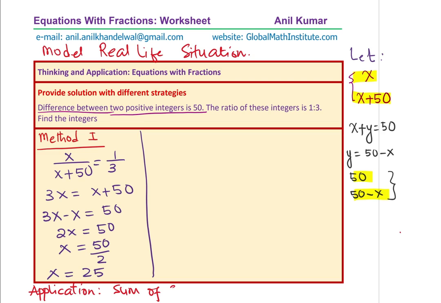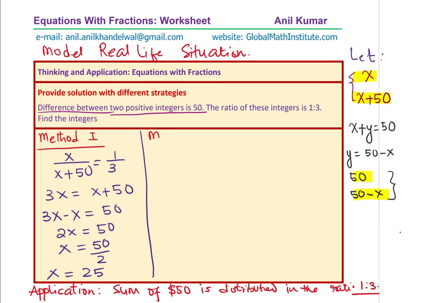A sum of $50 is distributed in the ratio 1 is to 3. How much will each get? You get the idea. So, a straightforward question. It is a real life application which could be done like this, right?